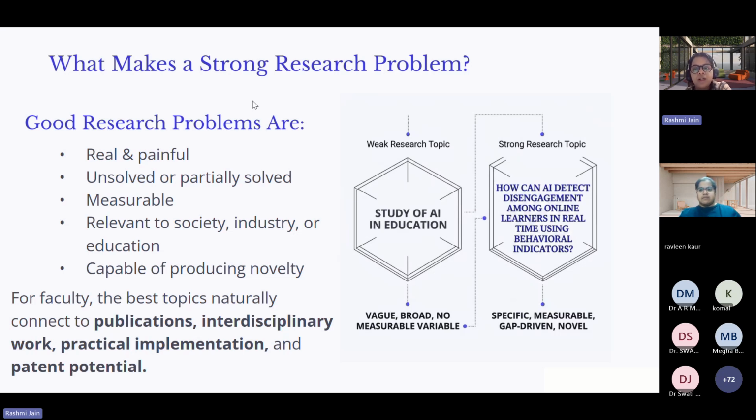But if we look deeply at this statement, how can AI detect disengagement among online learners in real time using behavioral indicators? I can give you an example: one of the products I worked on with Byju's. We created a product in their online tool wherein, on a real-time basis, we could see whether the students were engaged or not.